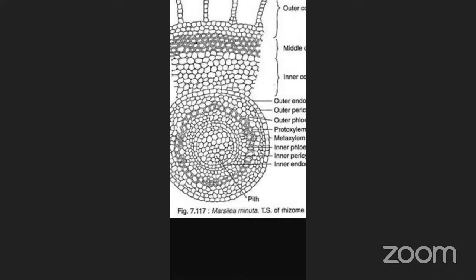So on both sides, the phloem, endodermis and pericycle are present. This is a specific character of the Marsilea rhizome, the amphiphloic siphonostele.